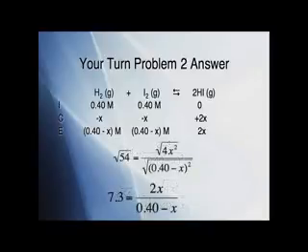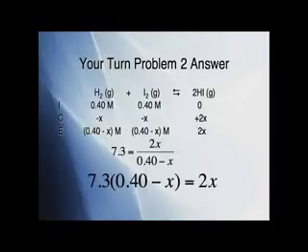After I square root each of the quantities, I get 7.3 is equal to 2x divided by 0.40 minus x, and I can work from there to solve for x without having to use a quadratic equation, which is a real advantage in terms of time and simplicity of calculations.